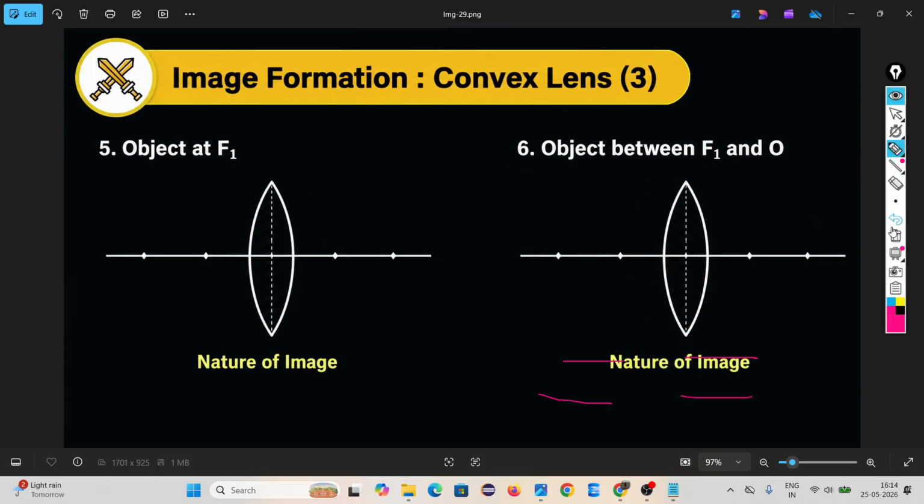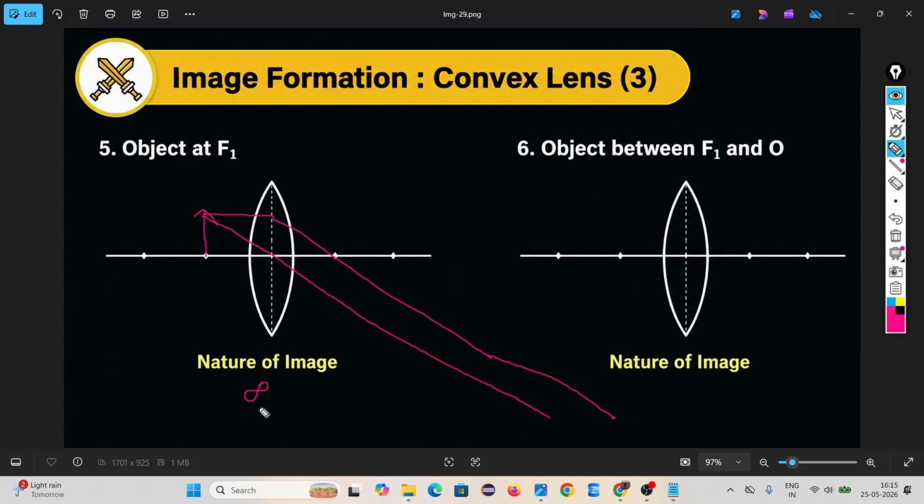Then come to the object at F1. In the fifth case, F1. One ray parallel, second one through the optical center. Tell me the nature of the image. Where will the image be created? At infinity.